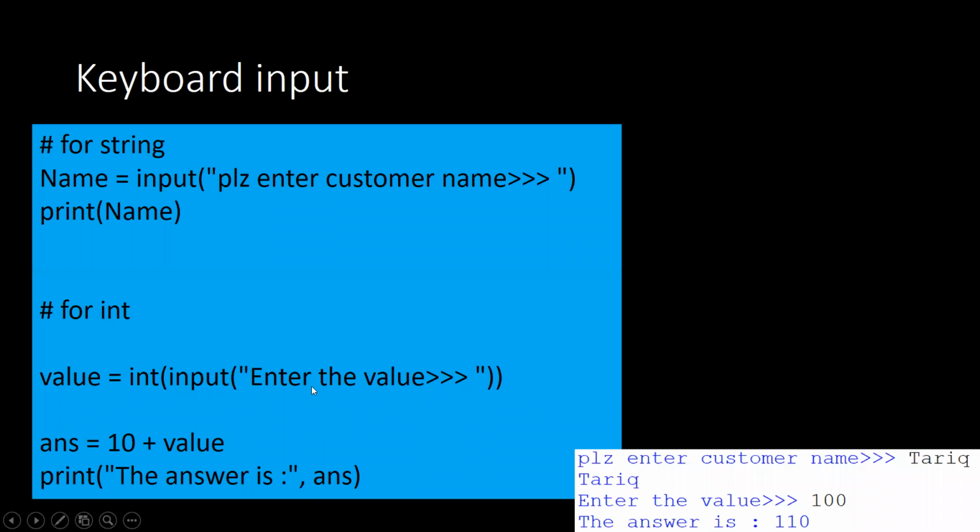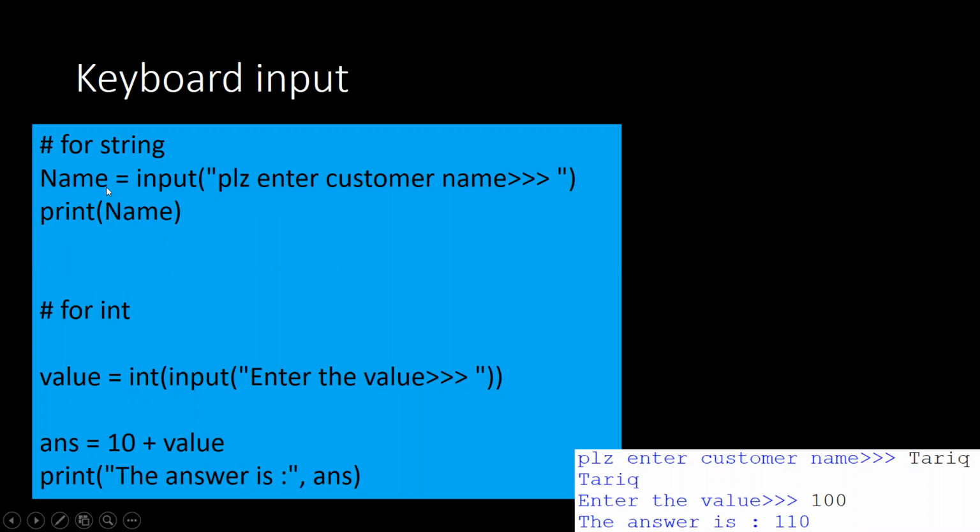Okay. So if you see this example, for a string, you have used name as a variable, and here this input is a reserved word in Python, and here you have a message to prompt the user.